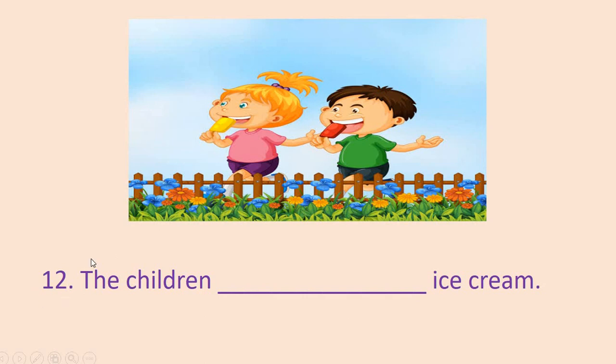See sentence number 12. The children. See the spelling of children: C-H-I-L-D-R-E-N, children. See, there are 2 children, no? 1 boy and 1 girl. They are all eating ice cream. Yes, they are walking. So, the children.